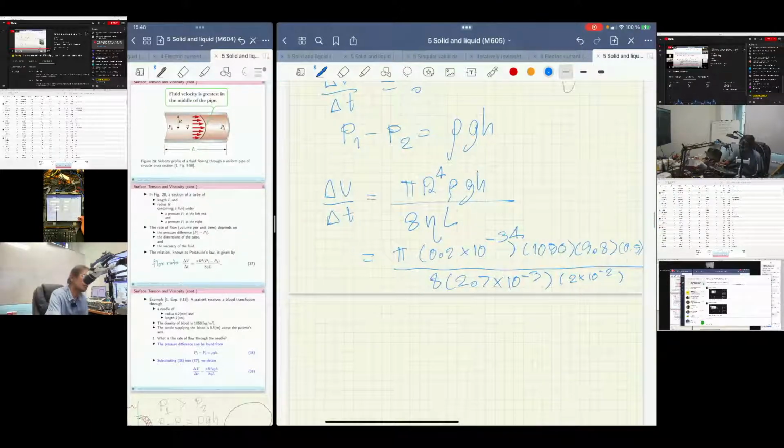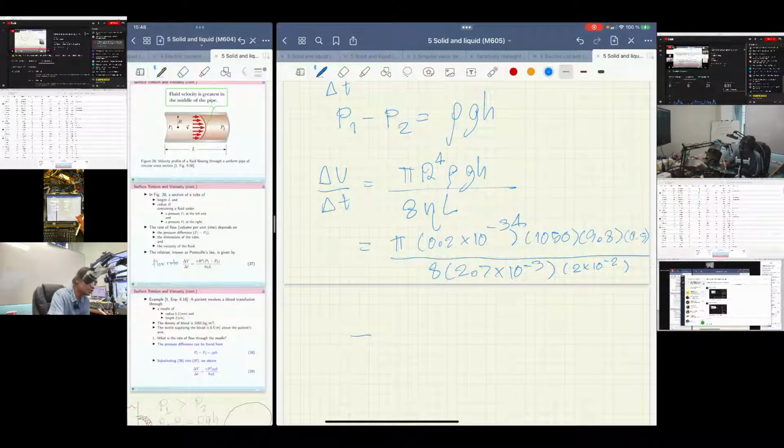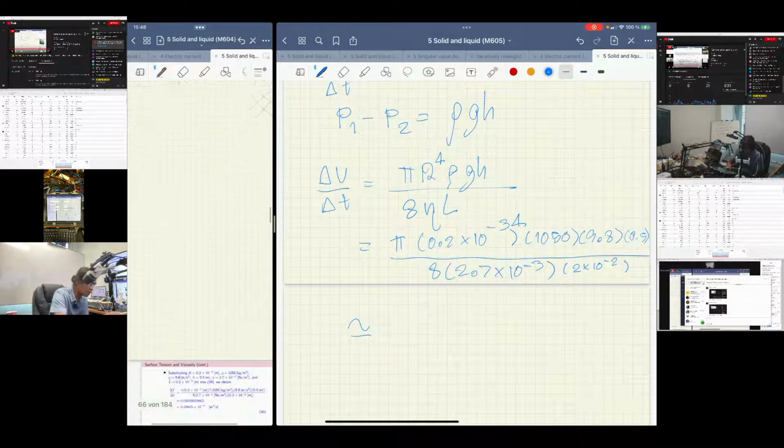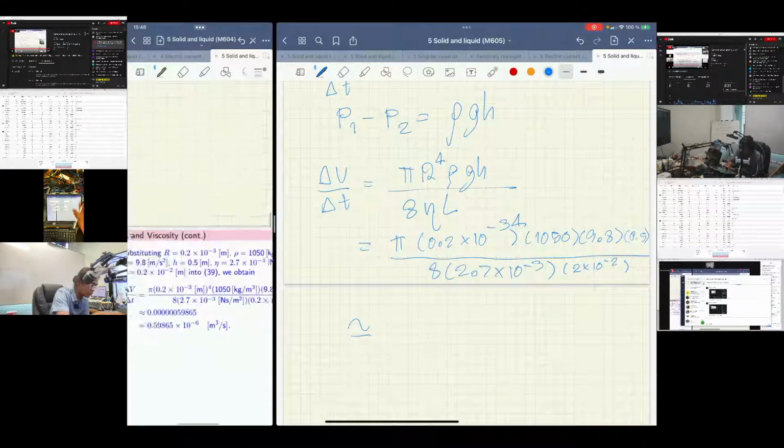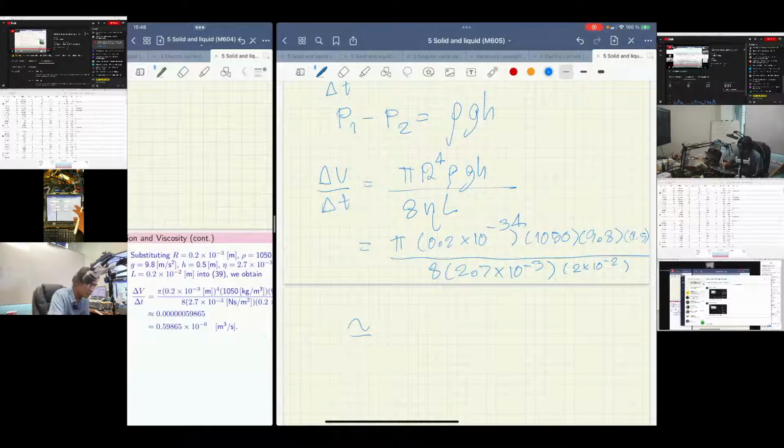You put it into the calculator, and you get the flow rate, very tiny, 0.5986 times 10 to the negative 6 cubic meter per second.